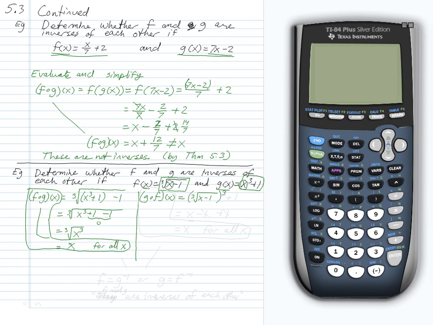We're going to cube it and subtract 1. Well, we very quickly see, remember, if you cube anything under a cube root, the cube root and the cube are going to cancel. And we will get what's inside, x minus 1, plus the 1 left over from the outside of the expression, from g of x. And again, minus 1 and plus 1 cancel, leaving us with x. And again, every step that we took is valid regardless of the value of x.